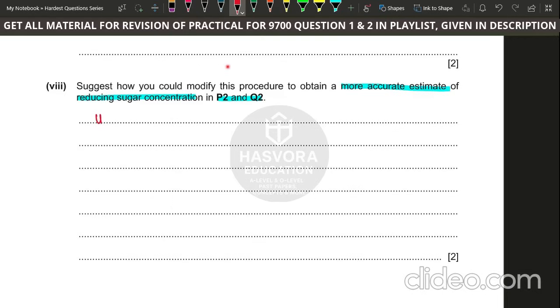So use a less wide gap between the concentrations, and you also have to tell how we are going to keep a less wide gap: by performing simple dilution.